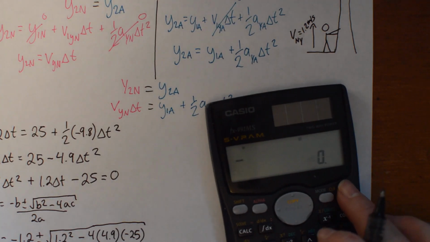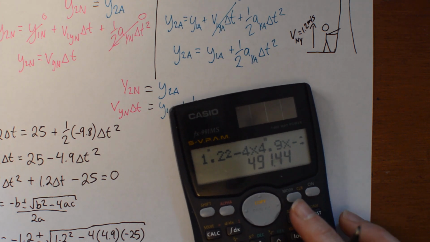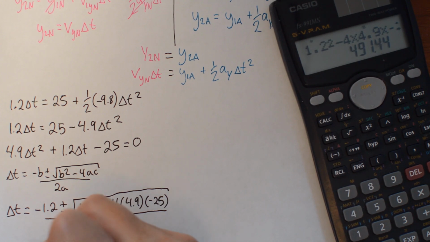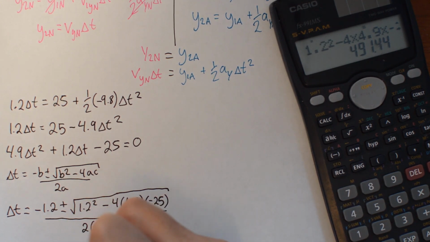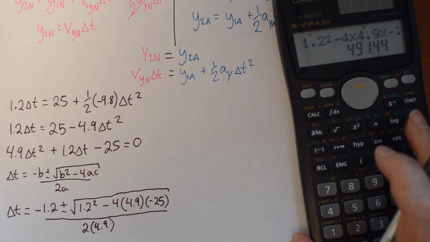Let's plug everything under that square root into our calculator. So the 1.2 squared minus 4 times 4.9 times negative 25. That gives me 491.44 under my square root. So I have delta t is negative 1.2 plus or minus the square root of 491.44 all over 2 times 4.9, which is 9.8.